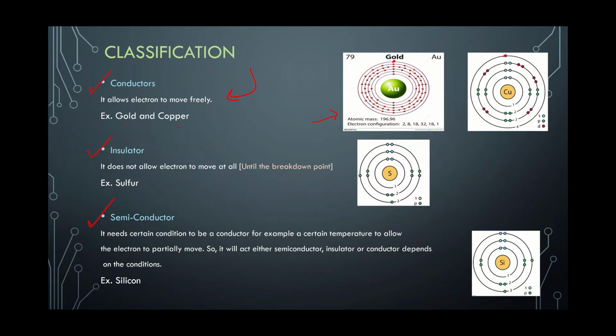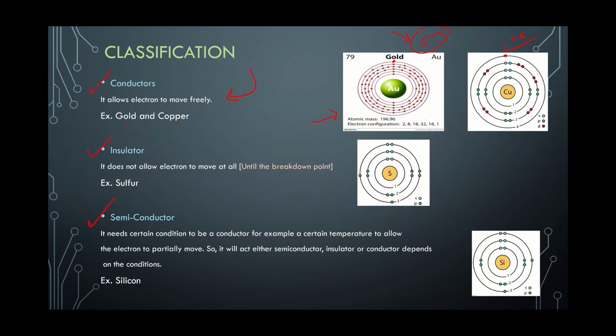Because the electron here is placed in the 6th shell, while here it is in the 4th shell. So the amount of energy needed to kick the electron out of its shell is way less than for this one. So the gold will be a better conductor.